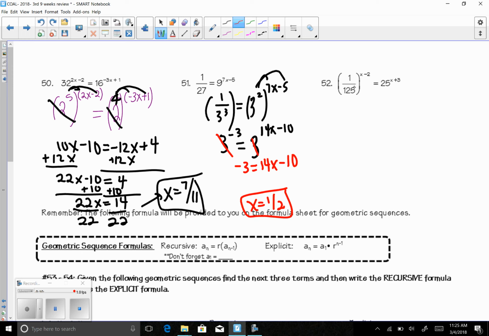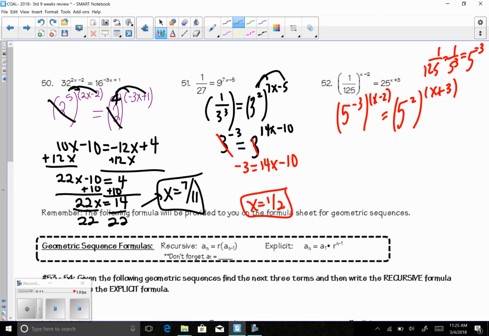This next one, you've 125 and 25. So 1 over 125 is 1 over 5 to the third, which is 5 to the negative third. When I see a fraction, I know negative exponent. 5 to the negative third to the x minus 2 power equals 5 squared to the x plus 3.